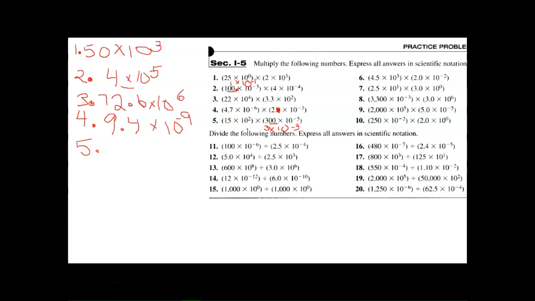So then when I multiply 15 times 3, I get 45. 2 plus -3 means I'm going to be multiplying that times 10 to the -1. But that won't do, so we'll have to move my decimal place back 1 and get 4.5 times 10 to the 0.